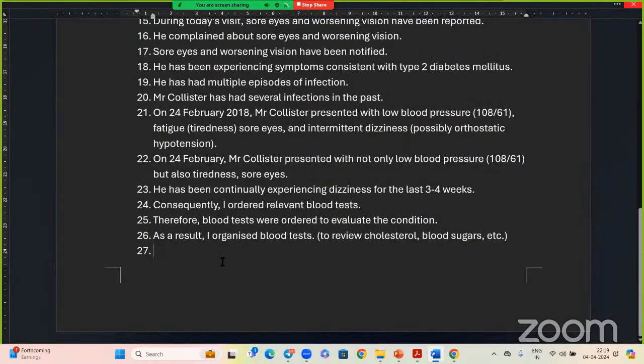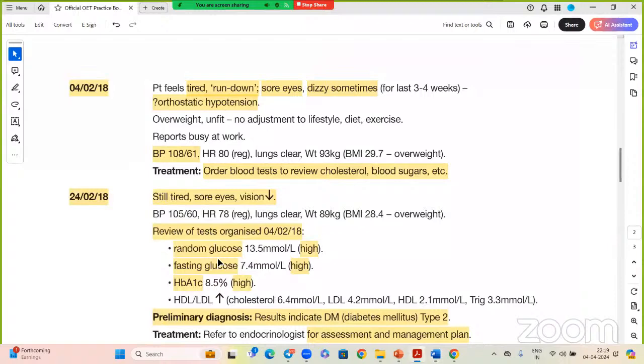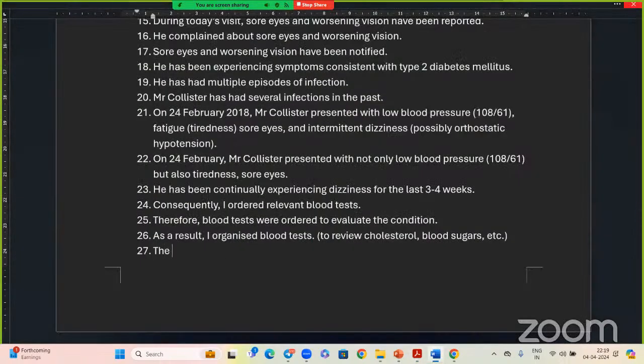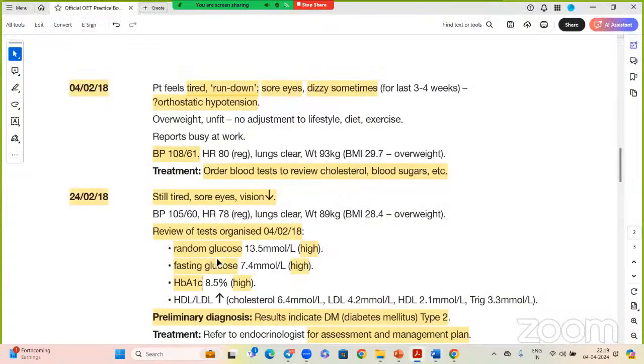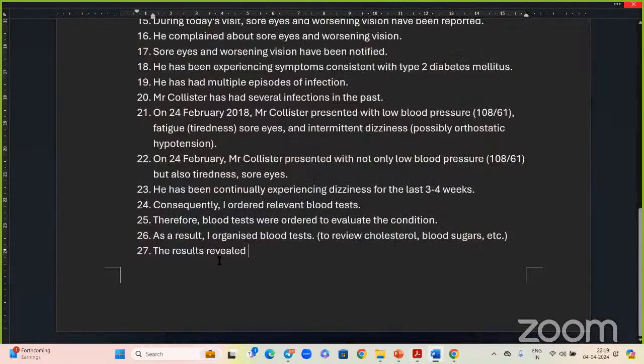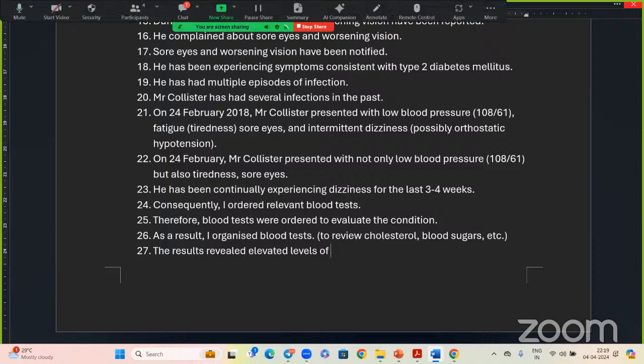So, here you can say what the results revealed. The blood test results revealed. The results revealed what? High random glucose, fasting glucose, and HbA1c levels. Revealed elevated levels of, the levels are elevated. Elevated levels of what?